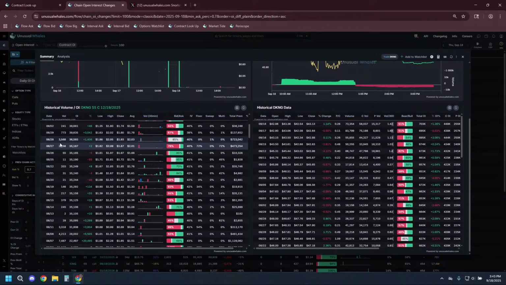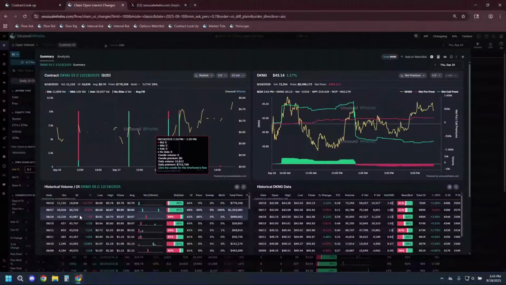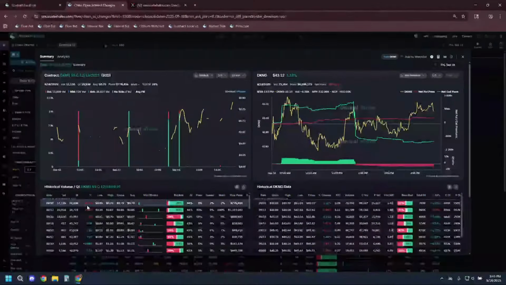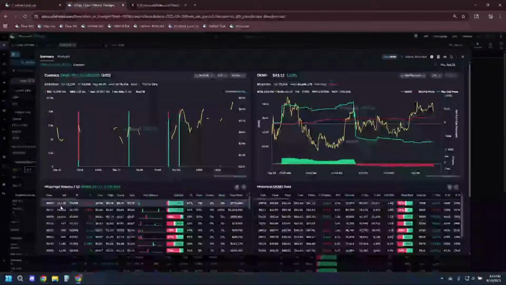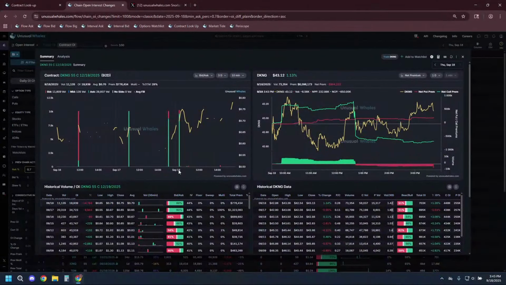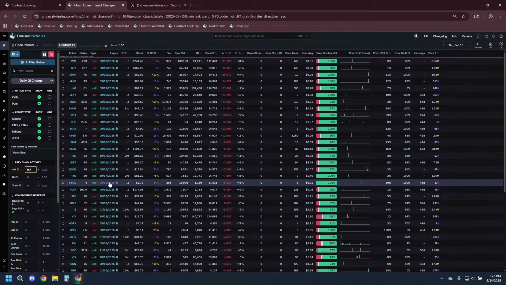Here's them adding another 5,000, and then here's them closing it all out. 10,000 one day, minus 9,000 ish. 20,000 the next day. Not the whole 20,000, but pretty close. Here's another 11,000. Who knows what you'll see, a decrease in open interest, but it probably won't be all 11,000. It's going to be some number between 0 and 11,000. But who knows? We'll see. I guess we'll just do one more.